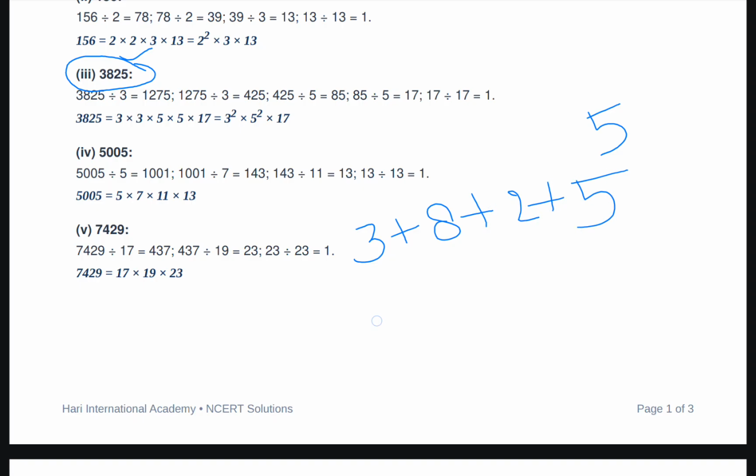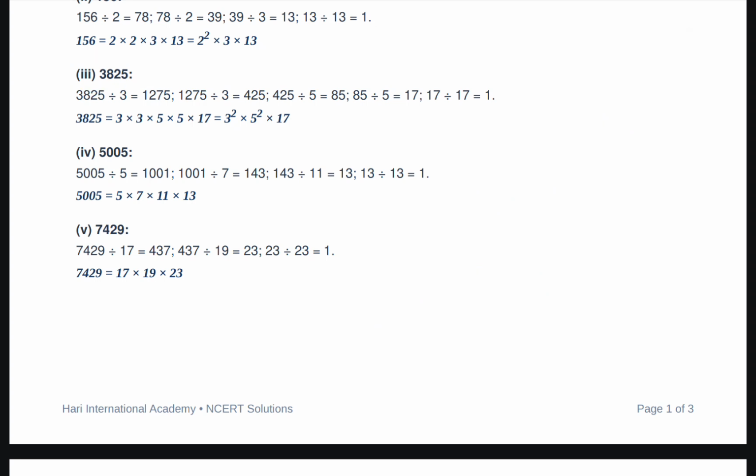You will get 8 and 2 is 10, 5 is 15, and 3 is 18, and 18 is divisible by 3. It means that 3825 will be divisible by 3.